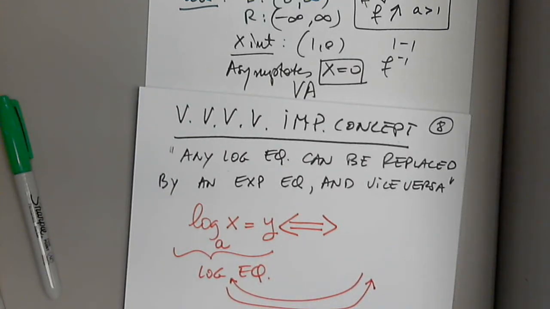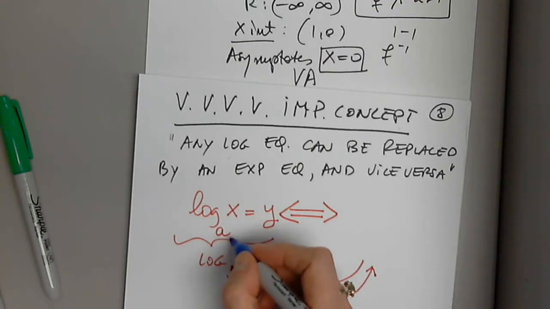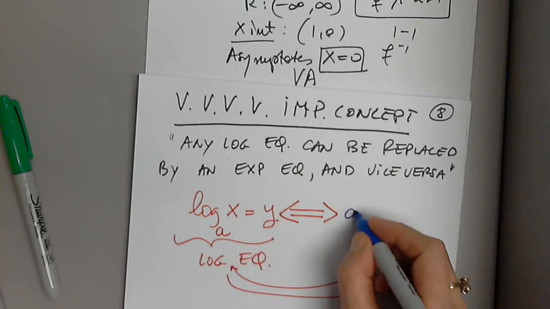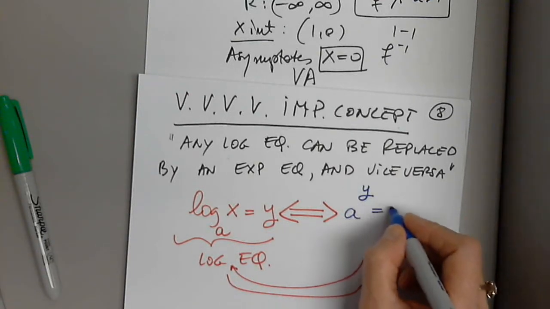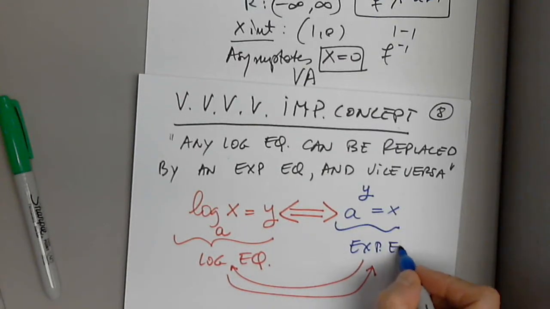From left I can get to the right, from right I can get to the left. So please pay attention how we change this into an exponential notation. This concept is very important. The base, counterclockwise, the base raised to y power equals x. And this is an exponential equation.